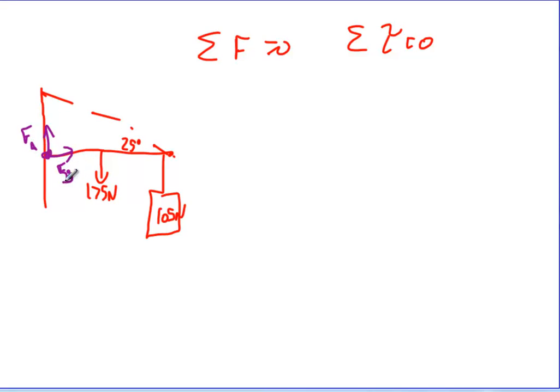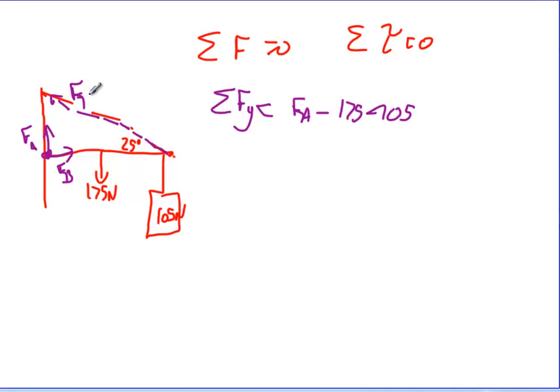Okay, now we'll see what happens to those in a minute, but for now I want the net force in Y. Okay, and the net force in Y is equal to FA minus 175 minus 105, right? Those are the two weights that pull down, and then there's this thing. Okay, now this is actually FT, or the tension in the cable, but it's pulling in two directions, right?